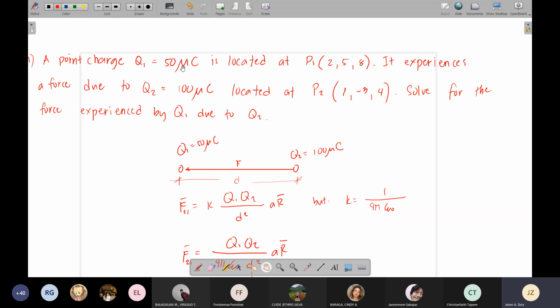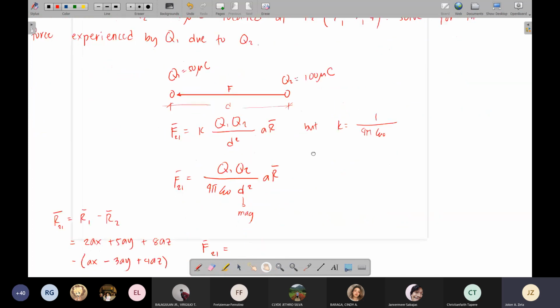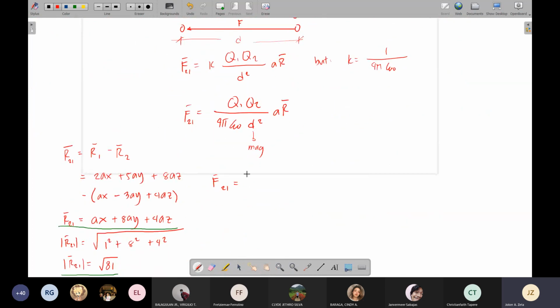So you have to recall the prefixes: micro, nano, pico, femto. Usually charges are very small, you won't have very large charges. So you have here 50 times 10 to the negative 6 times Q2, 100 times 10 to the negative 6.